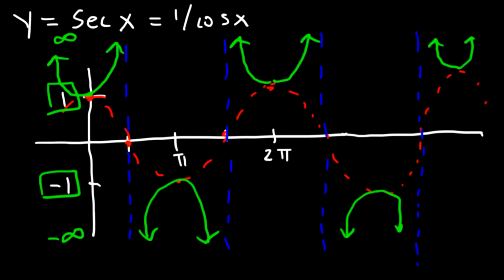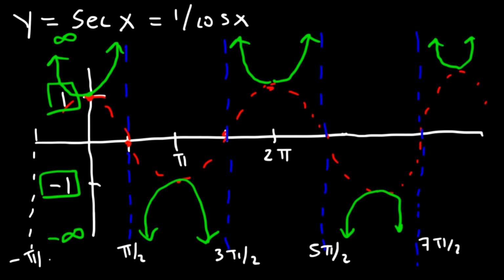And the domain, though, it's going to be a little different. So this time, notice that the vertical asymptotes are at pi over 2, 3 pi over 2, 5 pi over 2, 7 pi over 2. On the left side, the next one is going to be at negative 1 pi over 2. And it's going to repeat. Notice that the graph is symmetric about the y-axis.